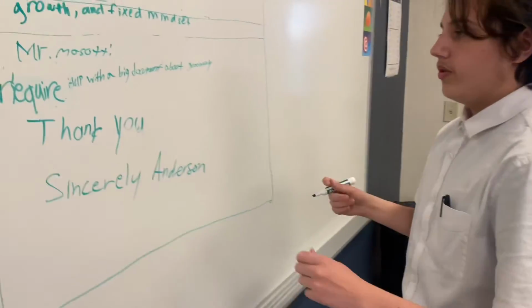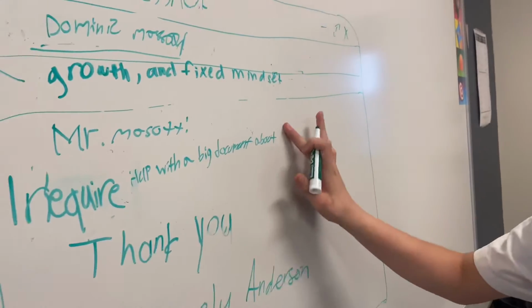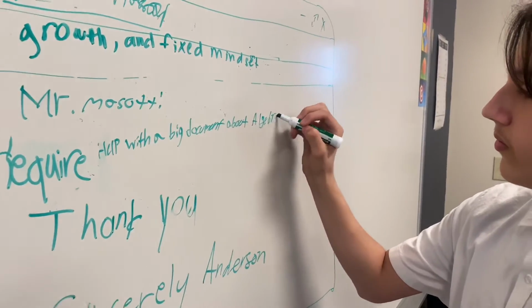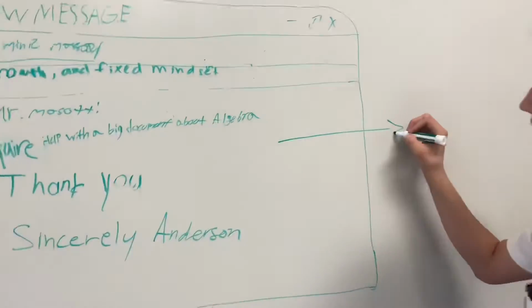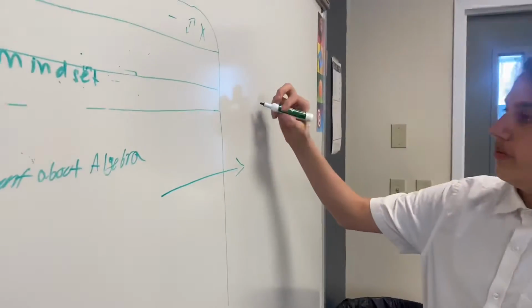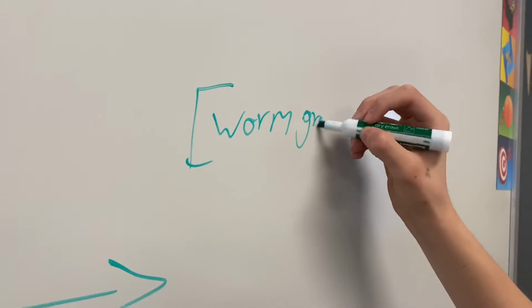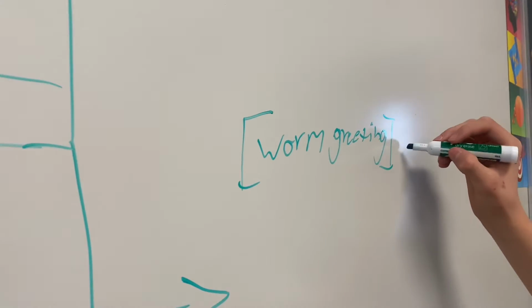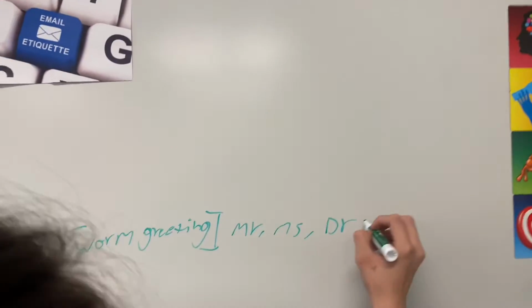Okay. So, what else can we do here? Obviously, I'm not a geometry teacher. I'm an algebra teacher. No. You have the body paragraph. The body paragraph should always start with a warm greeting of whoever you want to send the email to, of their name, of Mr., Mrs., or Doctor.